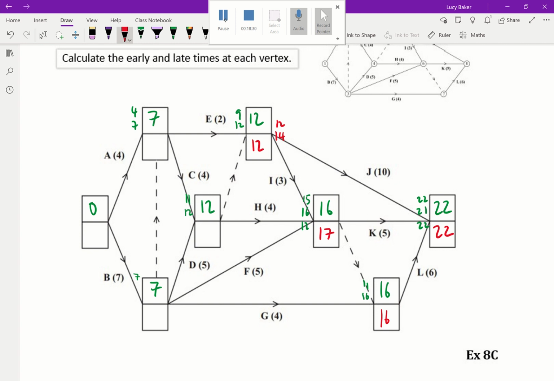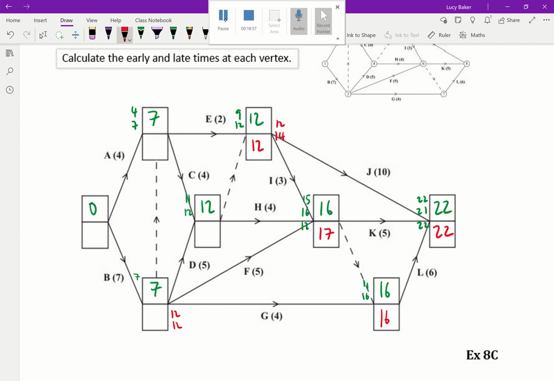Okay, let's look at this one next in the bottom left corner. I could go from this event of 16 minus 4 to get a late time of 12. I could go from 17 minus 5, which would also give me a late time of 12. Or I could go backwards from this event over here, but I need to work out the late time for this event first. There are 2 possible ways I could get there.